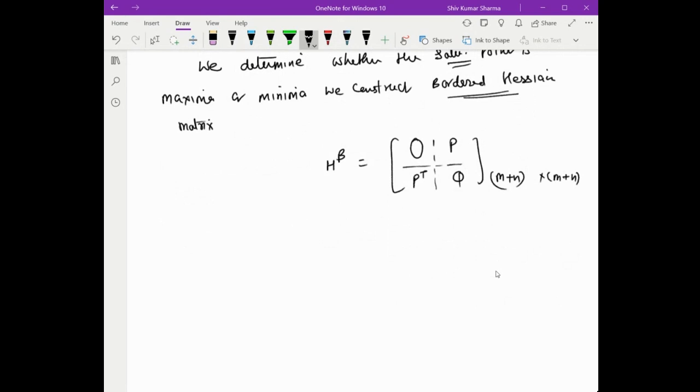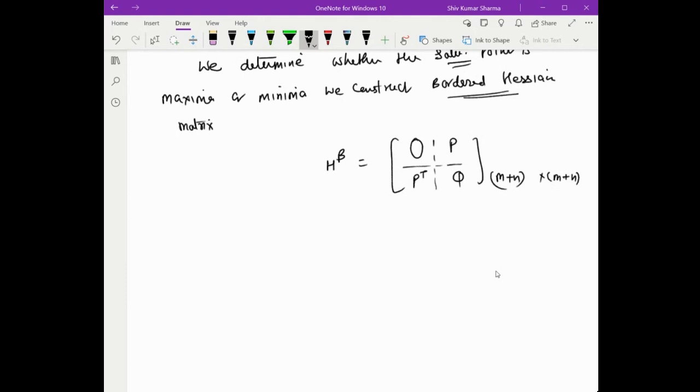We construct the matrix of order m plus n by m plus n. This Q matrix is of order n by n and this P matrix is of order m by n, with the null matrix of order m by m.